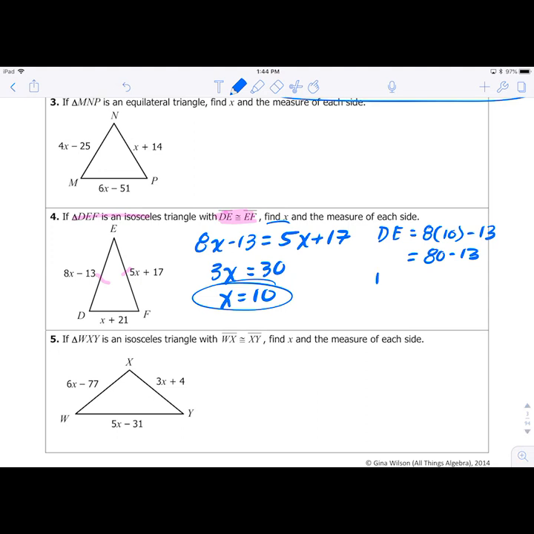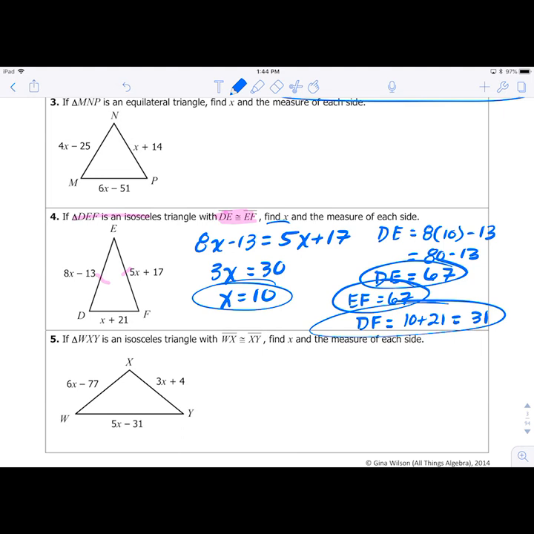That gets me 67. I also know that EF is going to be 67 because they're congruent to one another. And DF, I actually have to solve. It's going to be 31. DF is going to be 31 units. The other two sides are 67.